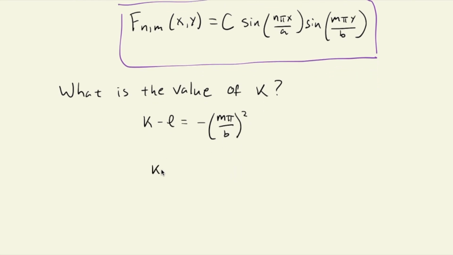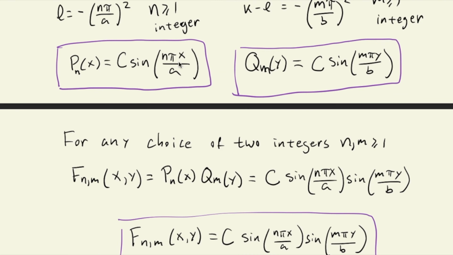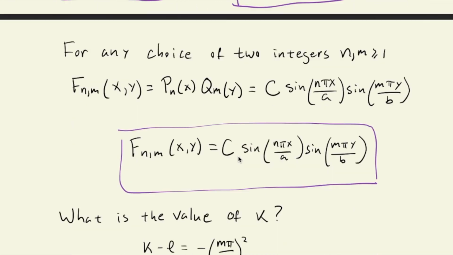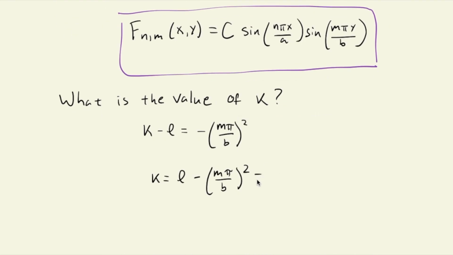So K is equal to L minus, sending L to the other side, minus m pi over b squared. And L, we had a formula for it. It was negative n pi over a squared. So this is minus n pi over a squared minus m pi over b squared.